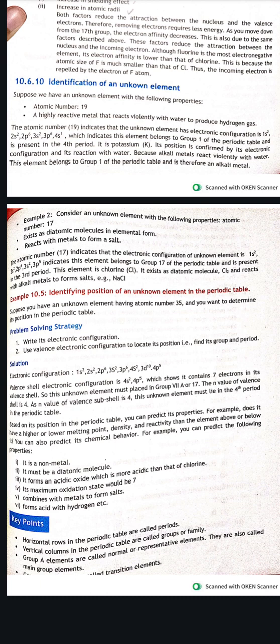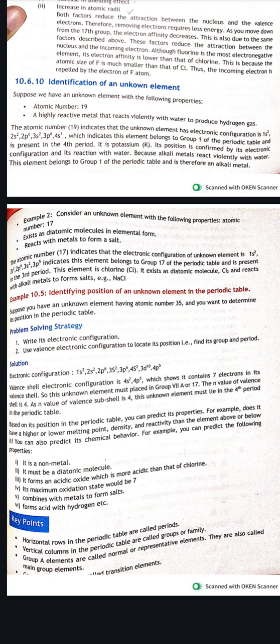For example, does it have a higher or lower melting point, density or reactivity than the element above or below? You can also predict the chemical behavior. For example, you can predict the following properties. So it is a non-metal. It must be a diatomic molecule. It forms an acidic oxide which is more acidic than that of chlorine.